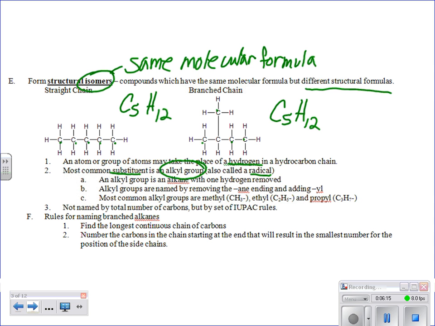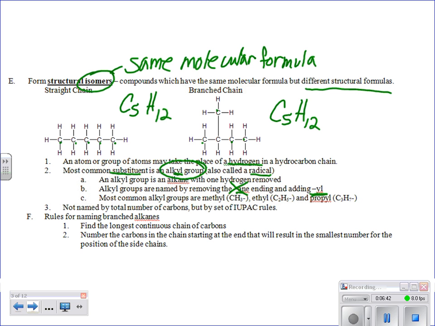And alkyl groups are just similar to an alkane, but one of those hydrogens has been removed, and it takes the place of the hydrogen within a compound. The way that they're named is by removing the ane ending and adding a yl ending, so that's where that alkyl group comes from.